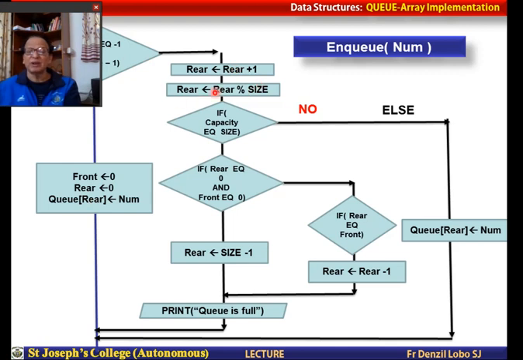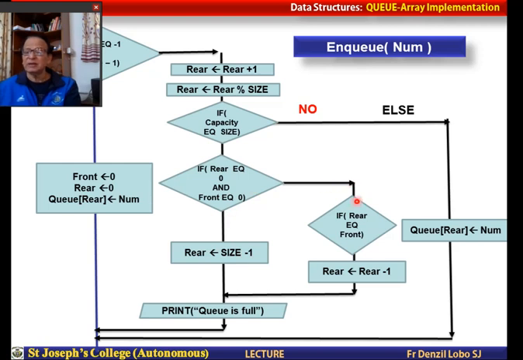We are using this formula, rear modulus size. Now, if the capacity is equal to size, that means the queue is full, you ask the question whether rear and front are 0. If that is 0, as I showed there, you decrement the rear by 1. Size -1 becomes rear.